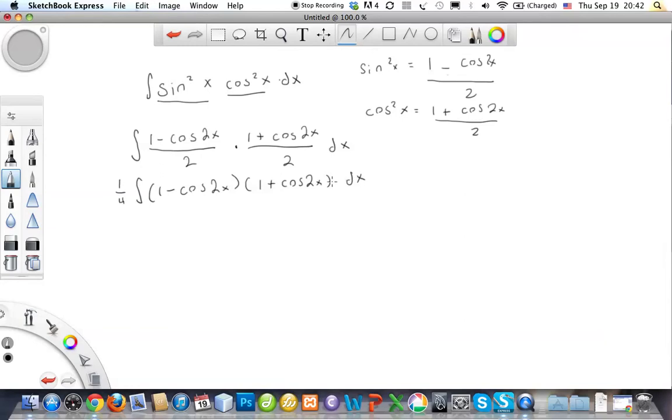dx. Alright, now I'm going to redistribute all these, and we are going to get a cosine squared again, so we're going to have to end up resubbing back in. So we're going to get a 1/4 times the integral of 1 minus a cosine of 2x plus a cosine of 2x, and then minus a cosine squared of 2x.